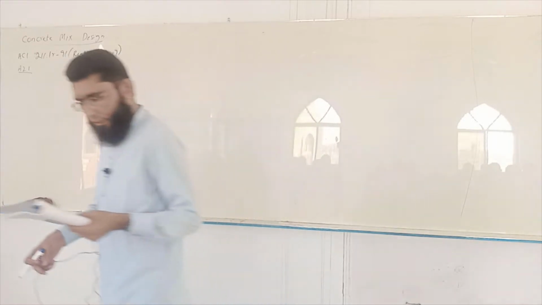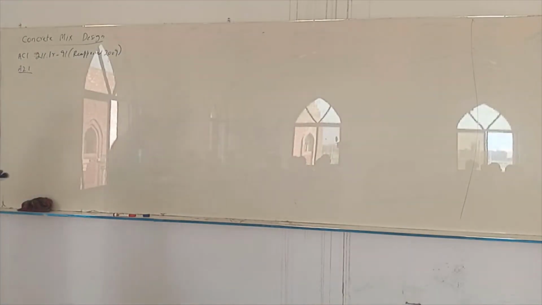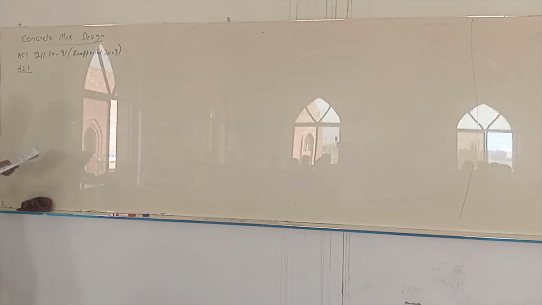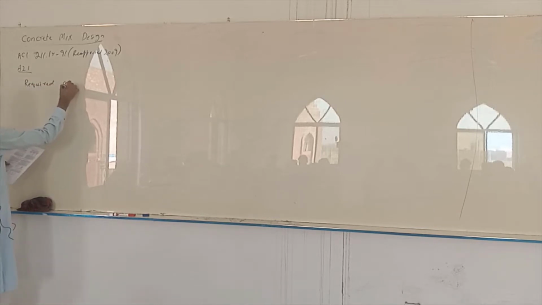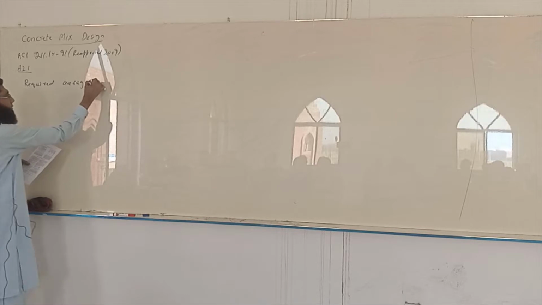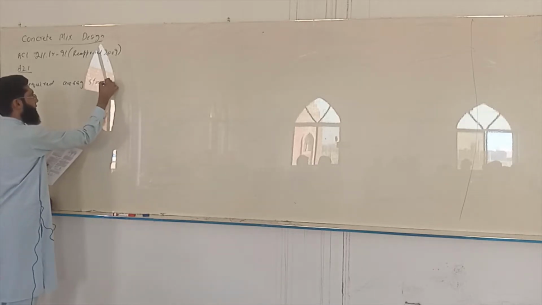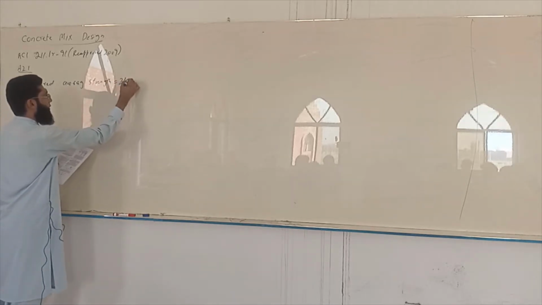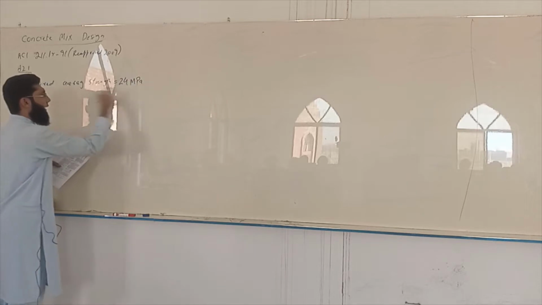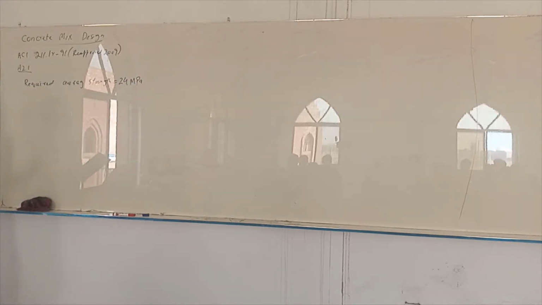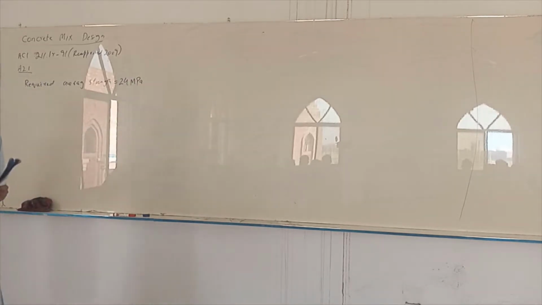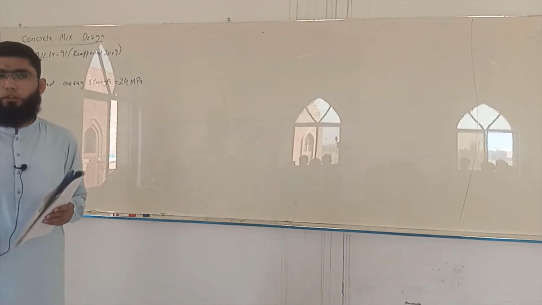All right, so the given data says that the required average strength will be 24 megapascal. Now, I need to clarify that this is not the designer specified concrete cylinder strength.